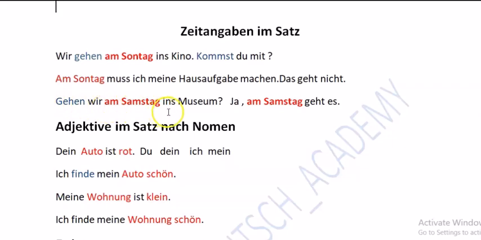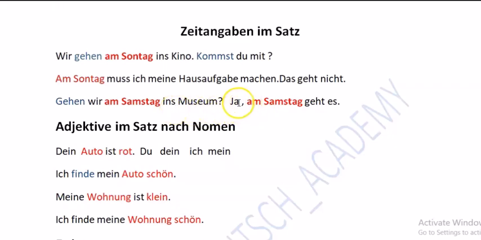Gehen wir am Samstag ins Museum? We ask: are we going on Saturday to the museum?